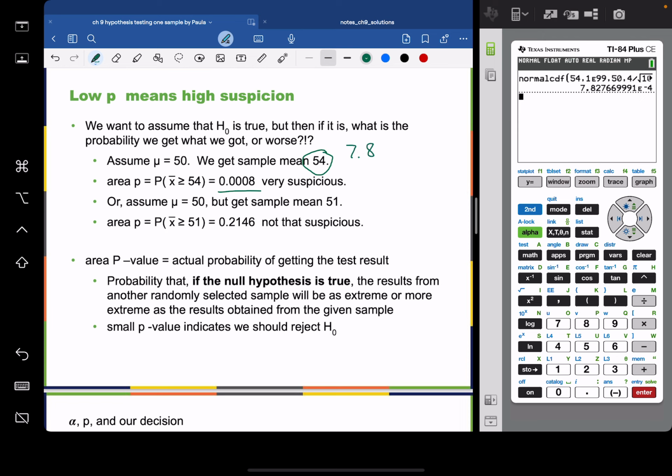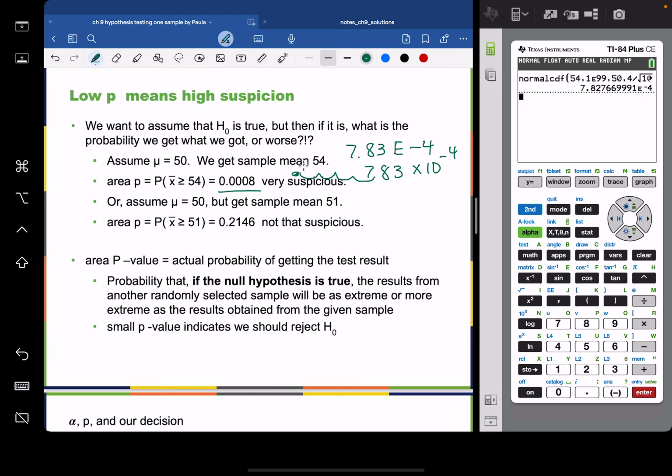Let's just call that 7.83, E negative 4 really means 7.83 times 10 to the negative 4th power, which means take this decimal and scoot it to the left 1, 2, 3, 4 times.